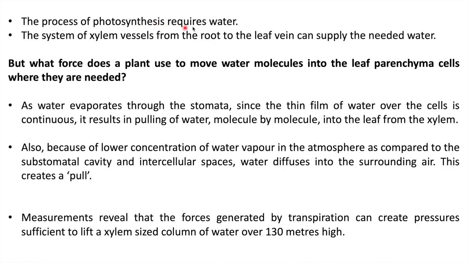The photosynthesis process requires water, and xylem vessels help transportation of this water from root to leaf. But what kind of force is present in the plant which helps these water molecules move continuously from xylem to leaf? We know that water evaporation occurs through stomata.